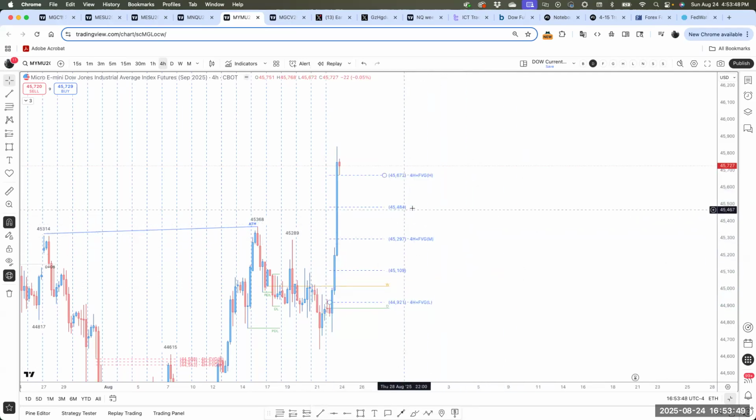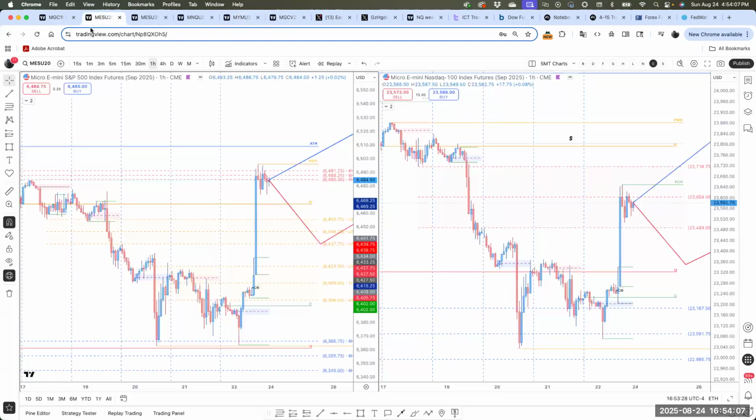But you got your quarter area here and quarter area here. And then you got your low, middle, and high right here. So I can see price pushing down into one of these levels. And then we get a response from there. But overall, the market is very bullish.